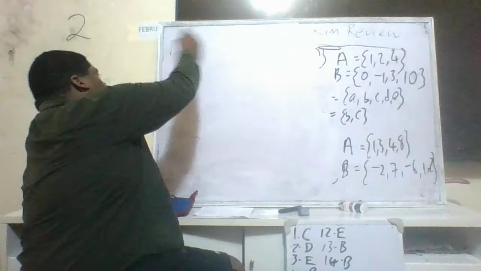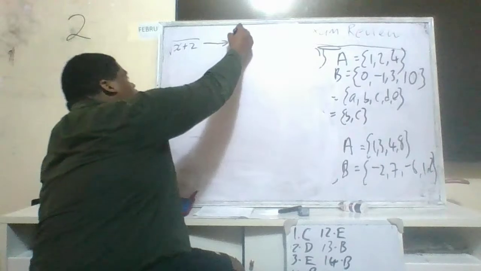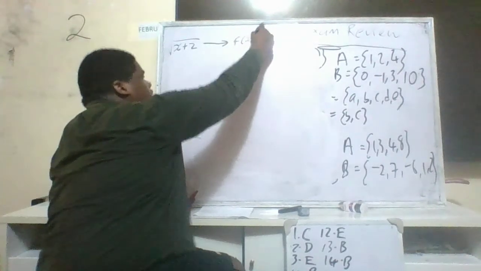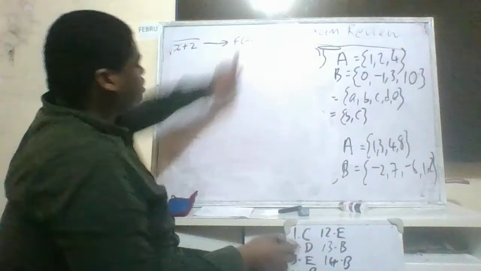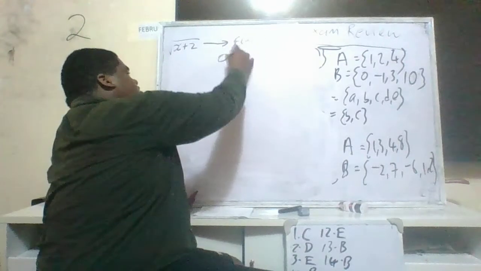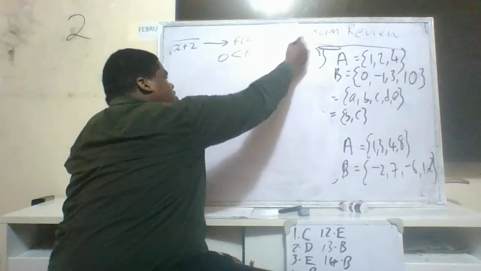So the square root of x plus 2 can only give you a positive answer. f of x is greater than 0, so 0 is less than f of x, and that is also less than positive infinity.